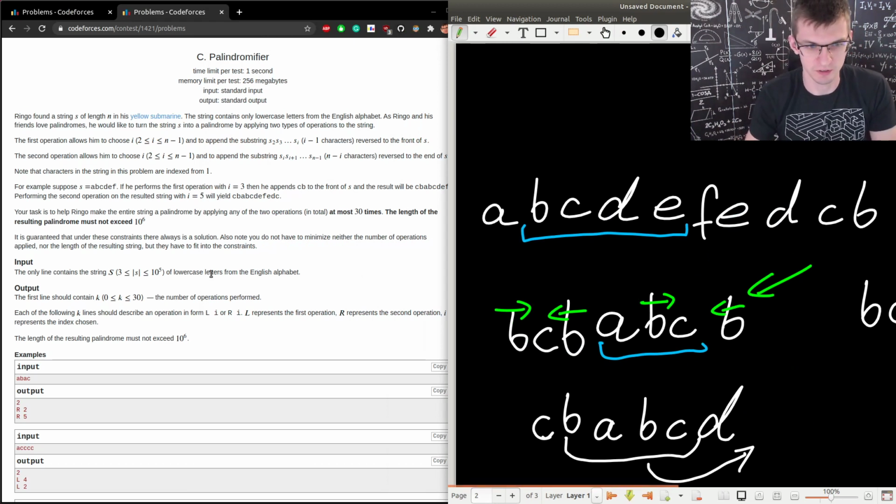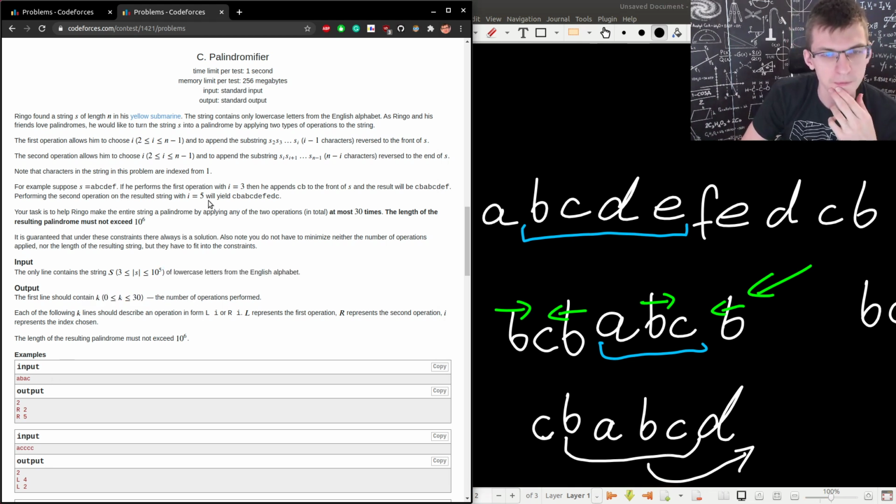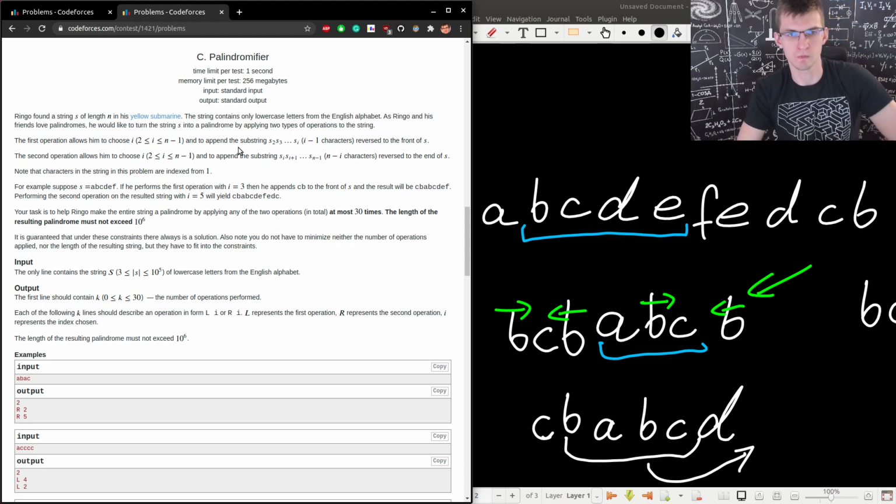What do we do? So we read. Actually, I will just use the length of that string, Li. I assume that n denotes the current length.